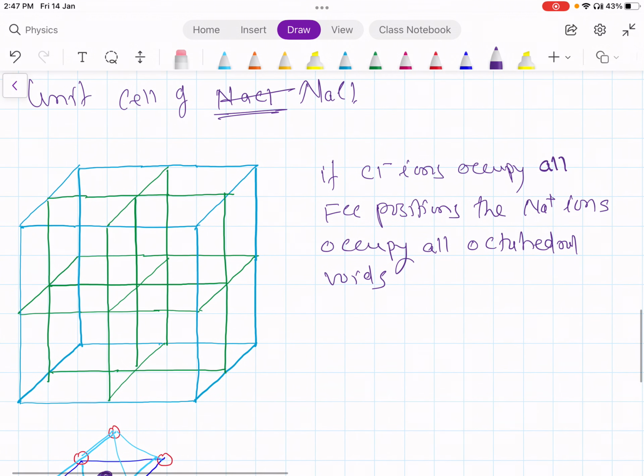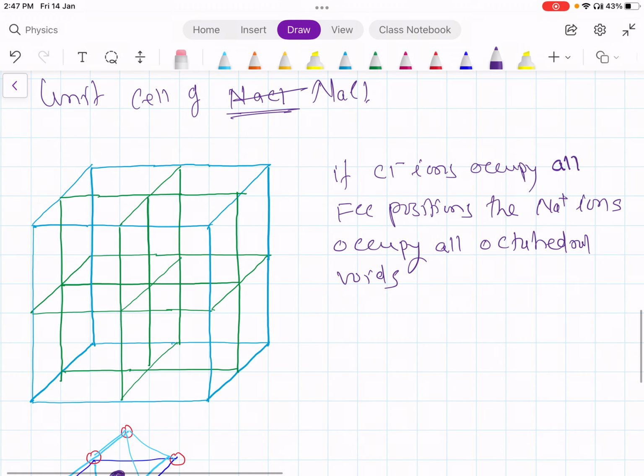First let me show the position of ions in this unit cell. As I said, chlorine ions are occupying all the FCC positions. These are the four corner atoms of the lower surface and four corner atoms of the upper surface, so these are the eight corner atoms, and six face center atoms.